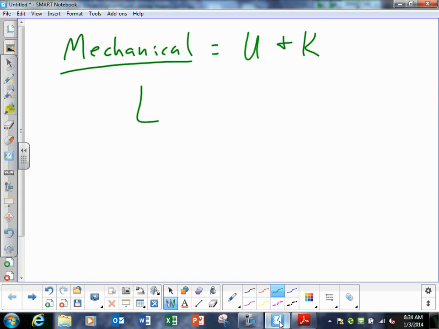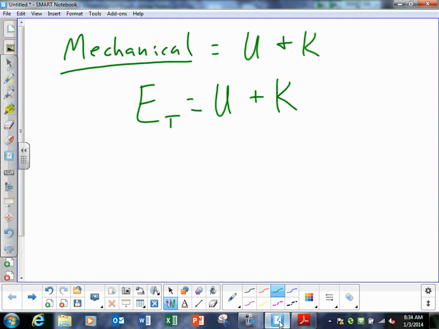So energy total would be potential plus kinetic. And the energy total, if it is completely conserved, this will be completely interchangeable. So if I lose kinetic, it turns into potential. And you can see, I throw this up, losing kinetic, potential, back down to kinetic.